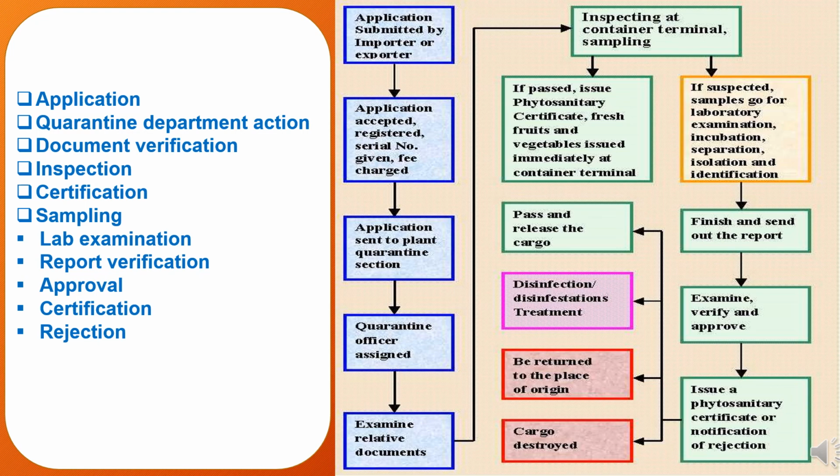If it is found okay in testing, there will be certification and the material will be allowed for export or import. If there is a problem in the results, the material will go for rejection, and there will be no provision of permit for import or export.